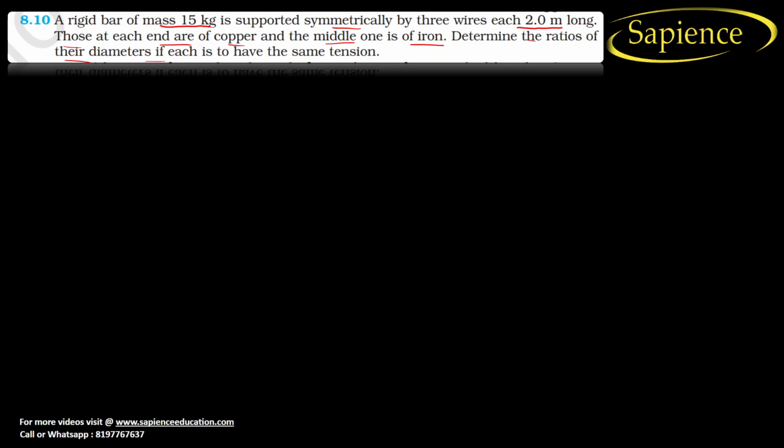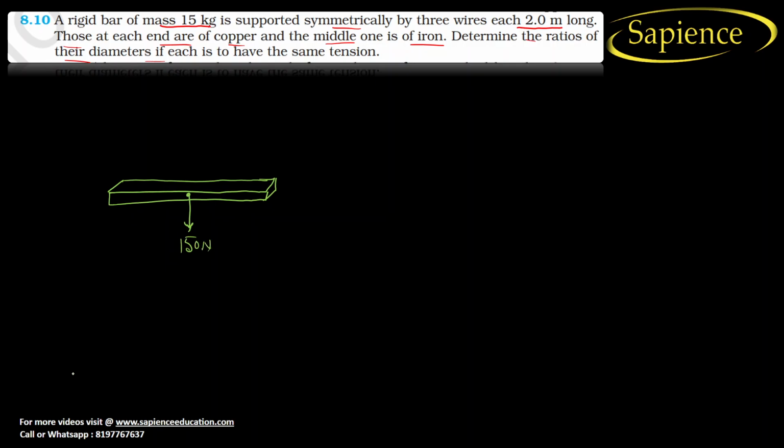Now see here. Let us draw the situation before solving it. So this is a rigid bar, and its weight is how much? Its weight is 15 kg into 10, so this is 150 Newton.